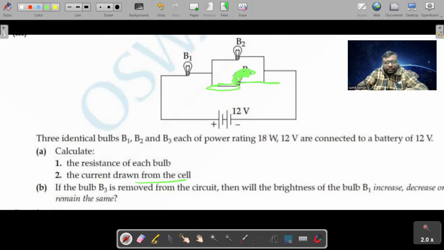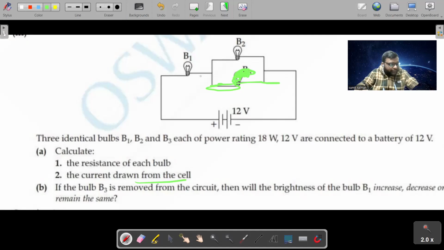So students, if bulb B3 is removed, we are left with only bulbs B1 and B2. And if you see the circuit carefully, here B1 and B2 are in series combination.